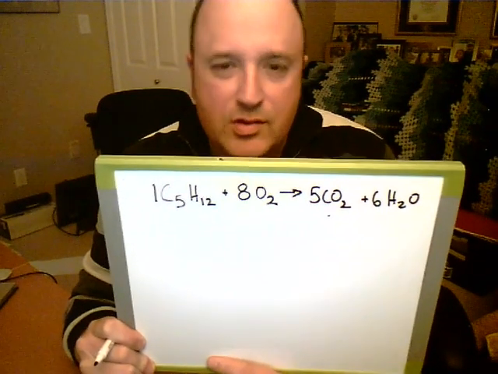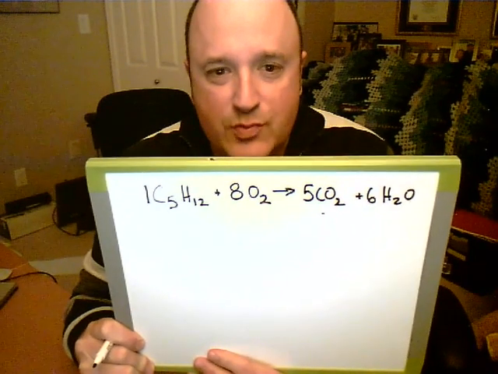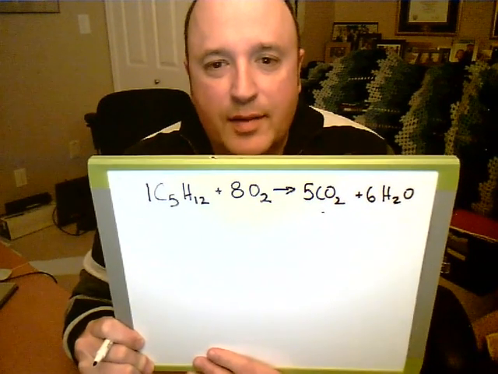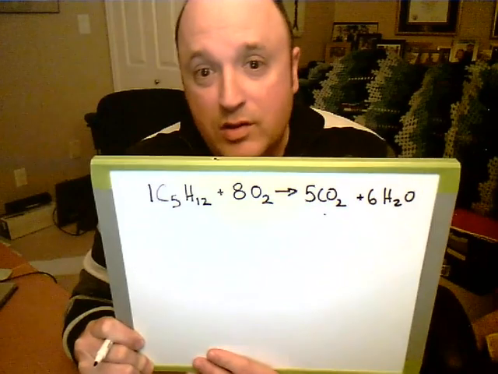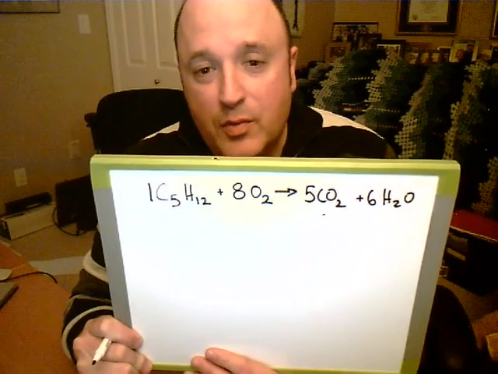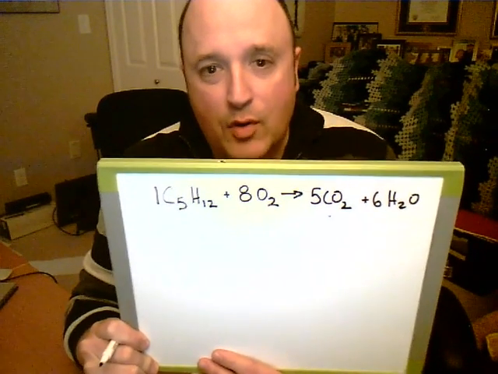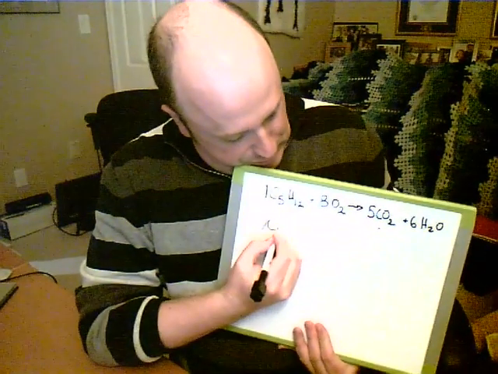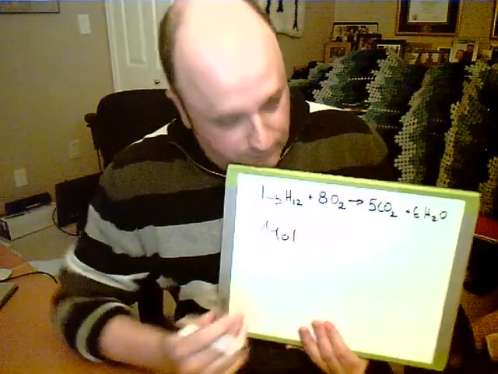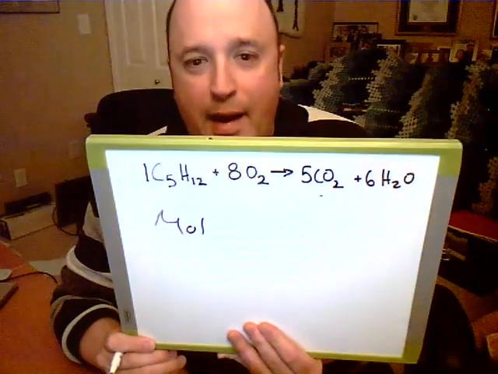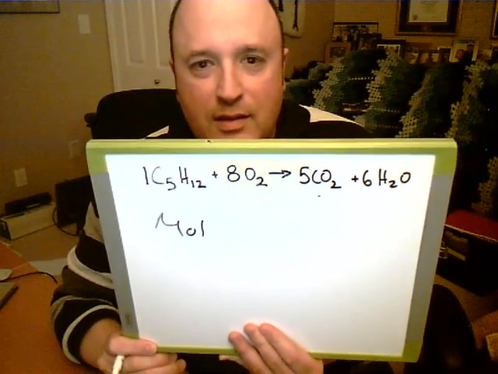But the problem is, well, it's not really a problem, but the way that this is written, it describes individual molecules or groups of molecules, but we use something called a mole, M-O-L. It's the unit of measurement, M-O-L. It's kind of like grams, only not exactly.